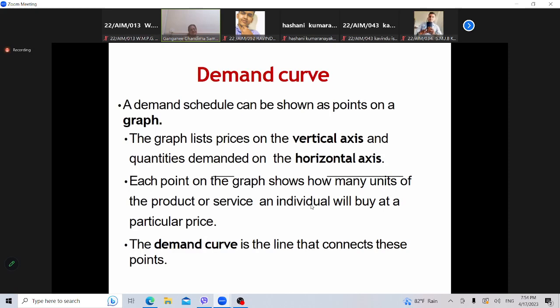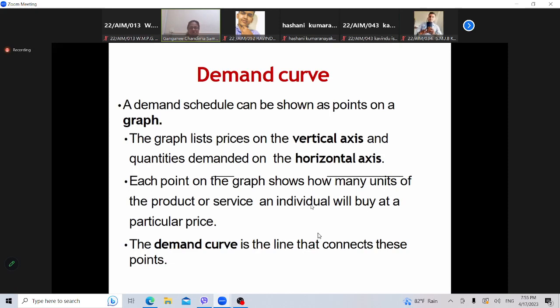When you draw a graph, you have to draw 2 axes, vertical and horizontal. Vertical axis means, let me see one chat box on message. Y. Yes, very good. Y. So vertical axis is Y, horizontal axis is X.